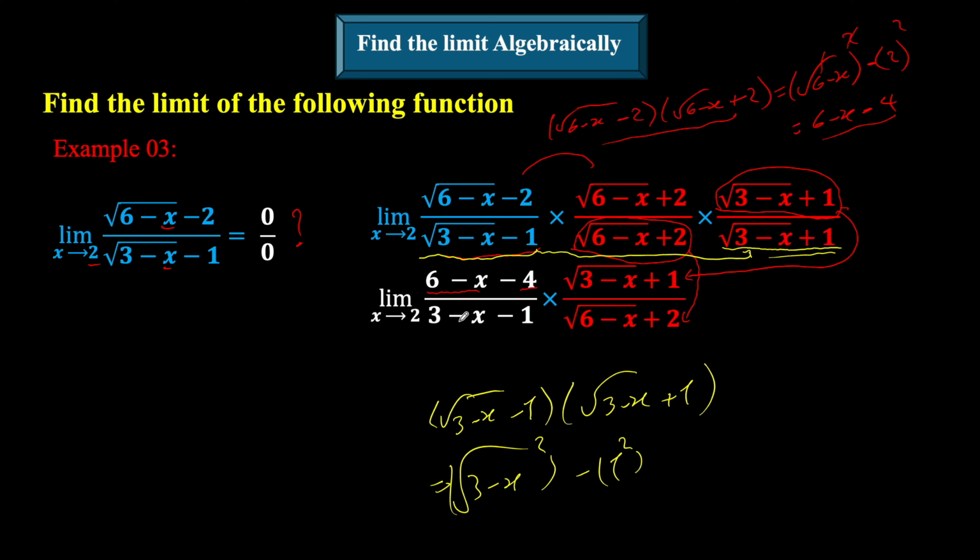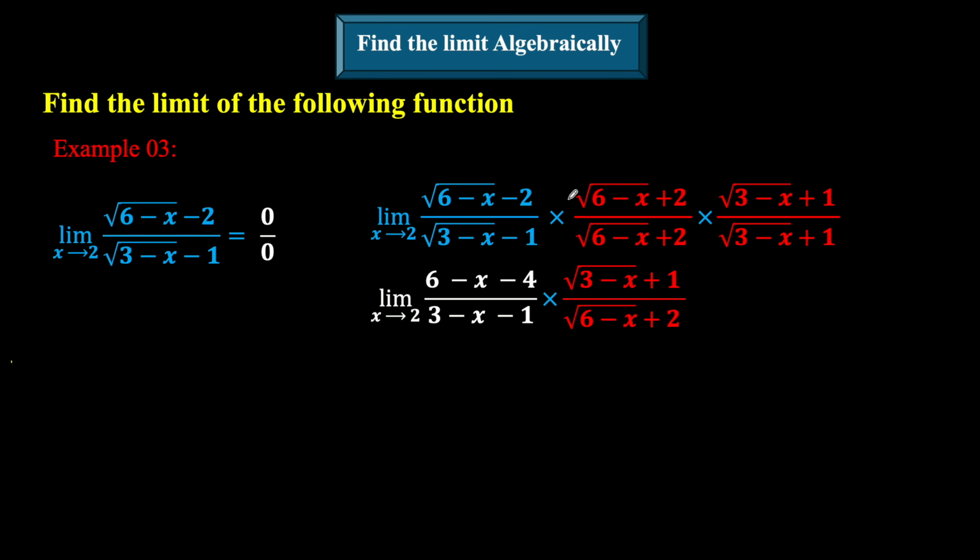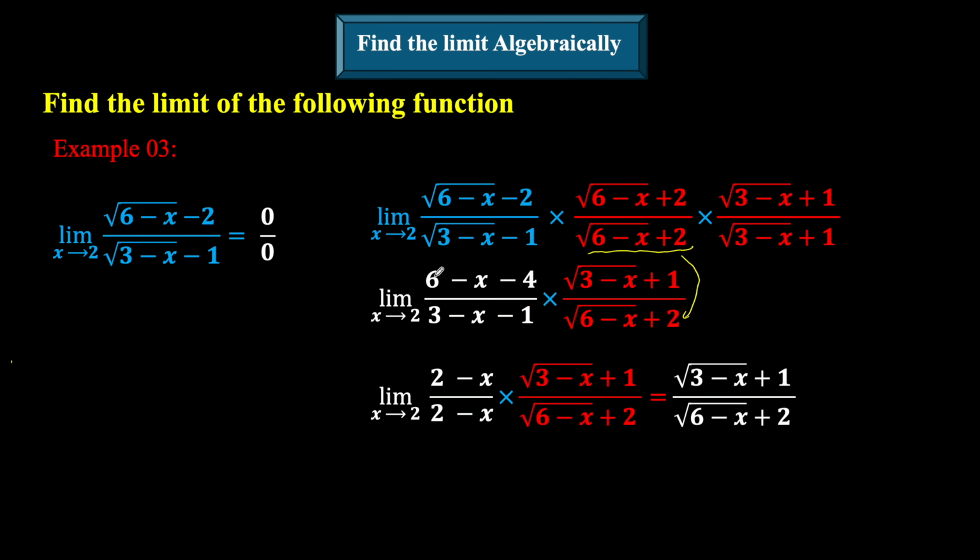So we will get 3 minus x, this one here, minus 1, okay? So we'll do it like that. And this one we didn't touch, right? So we said we'll put it for the denominator. Then 6 minus 4 is equal to number 2, right? So 2. Minus x will remain the same.